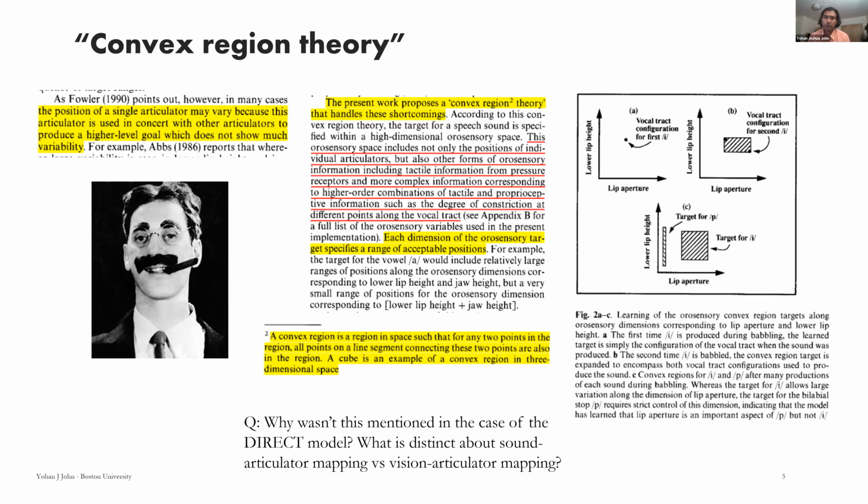So they talk about this mapping in terms of convex region theory. Steve doesn't actually talk about this in his book, as far as I know, much, so he doesn't elaborate on it. But it's an interesting idea that the orosensory space, this mapping from sensory to motor control, includes not only the positions of individual articulators, but also a lot of other information from pressure receptors, and each dimension specifies a range of acceptable positions.